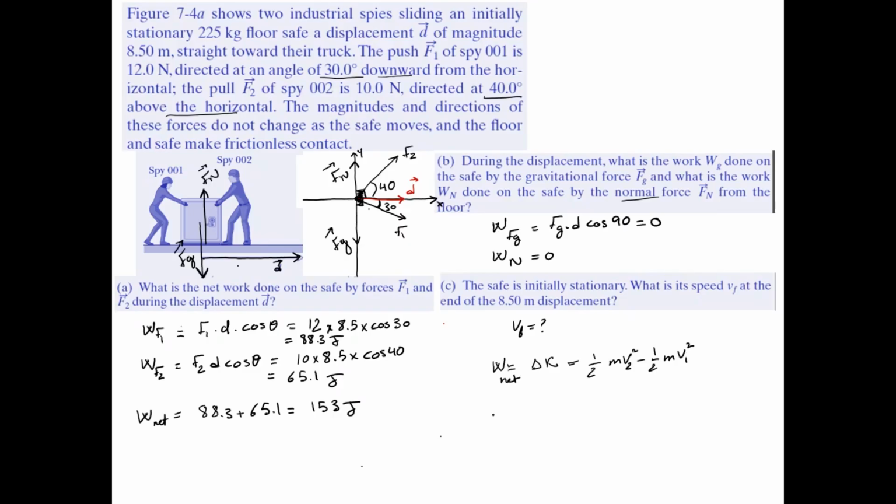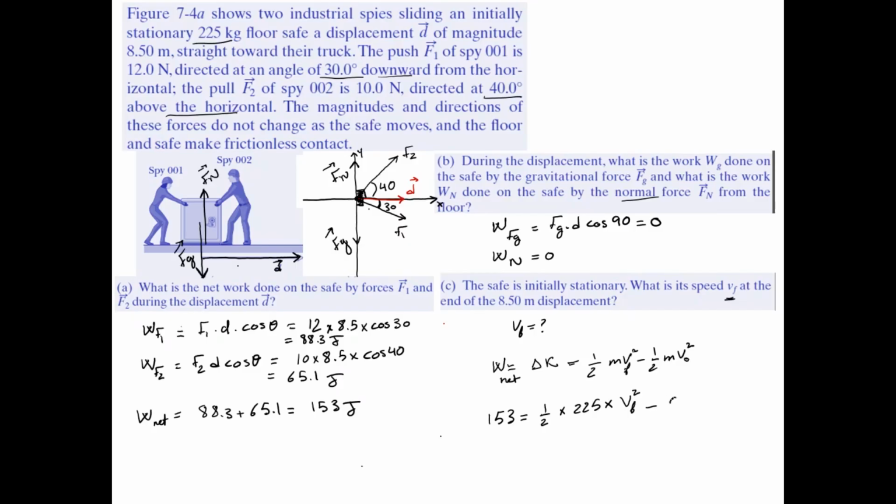So I'll just plug everything in. I have 153 here, half times the mass of the safe, which is 225. The velocity is what we want, the speed v final, or what I labeled as v2. I can stick to the same labels.